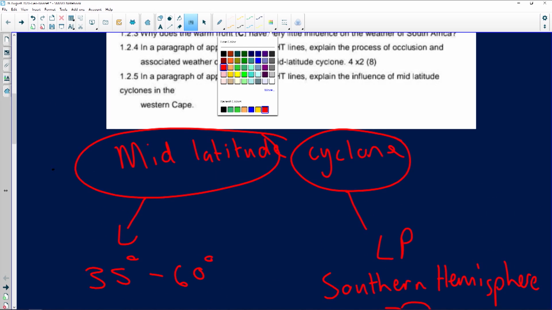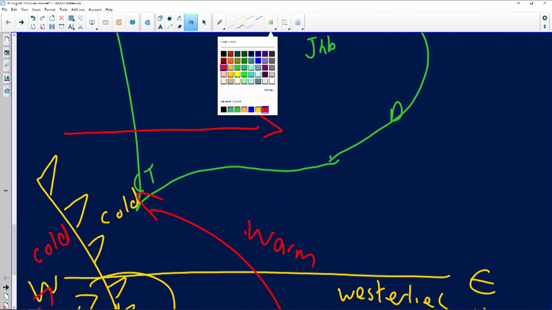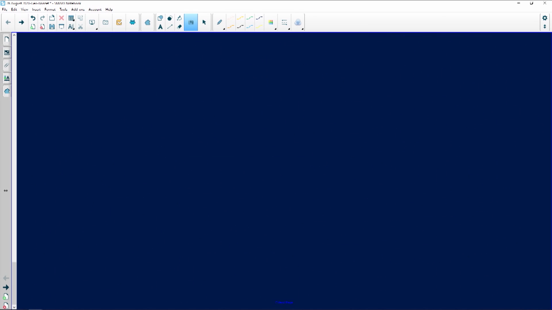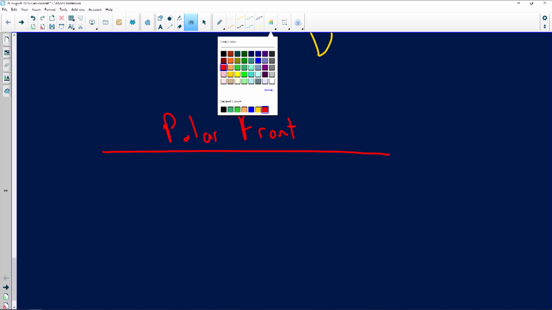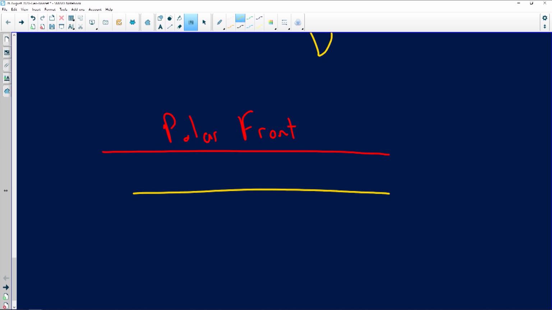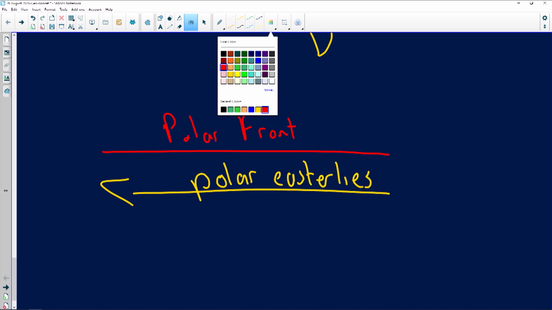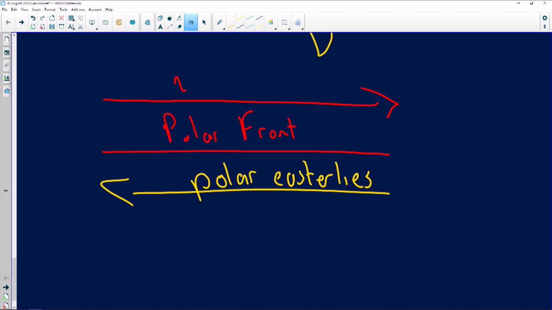When we look at the initial stage, I've mentioned it a little earlier, you've got your polar front, and keep in mind your very cold polar easterlies moving in one direction. In the other direction, the polar front separates the westerlies from the polar easterlies. That's the initial stage.